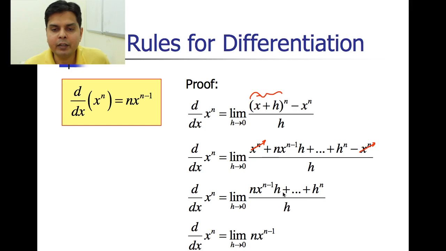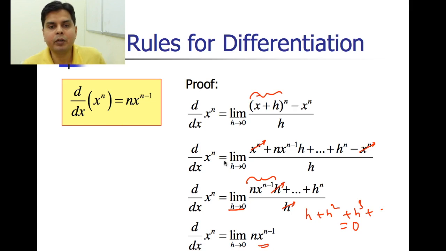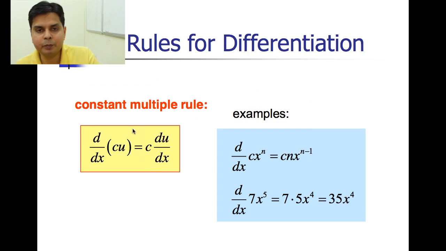When you divide by h, this will cancel, and the other terms will have some power like h or h square or h cube. So when you take the limit h tending to 0, all these will go to 0, and ultimately you will be left with only this term. So d by dx of x to the power n will be n x to the power n minus 1. This is also called the power rule, and this is the proof of this rule.